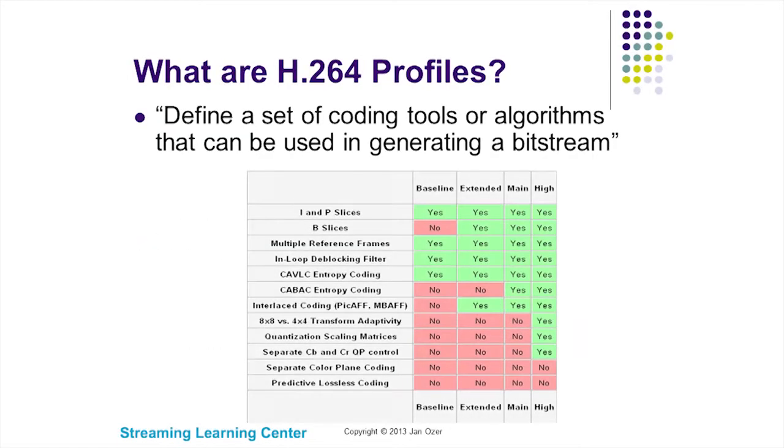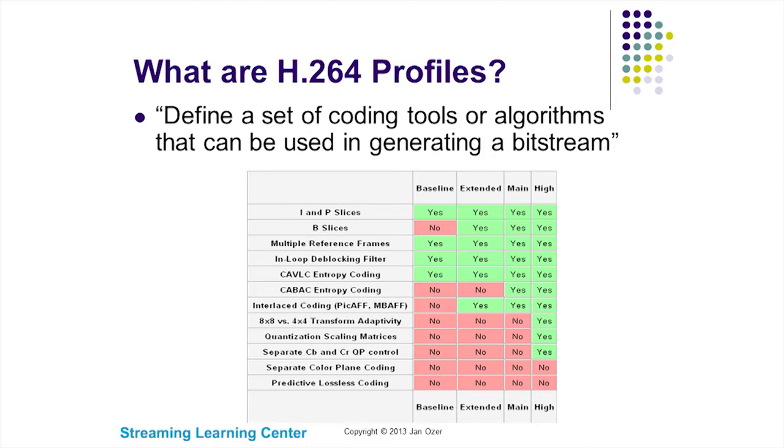So what is an H.264 profile? That's a definition from Wikipedia. It's a set of encoding tools, or algorithms, that you can use to generate a bit stream. These are the algorithms and coding tools, and these are the profiles. And the profiles that we care about are three: baseline, main, and high.